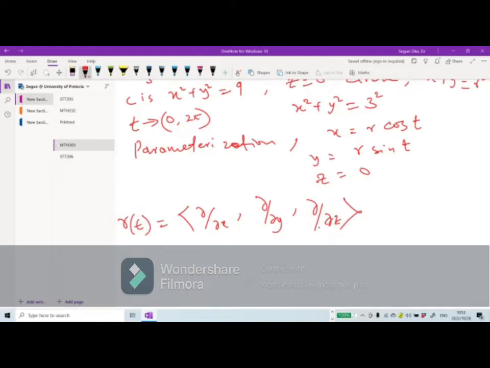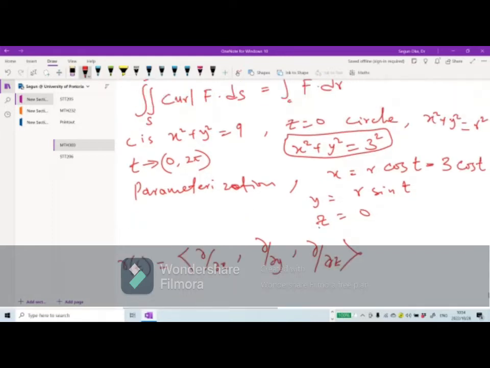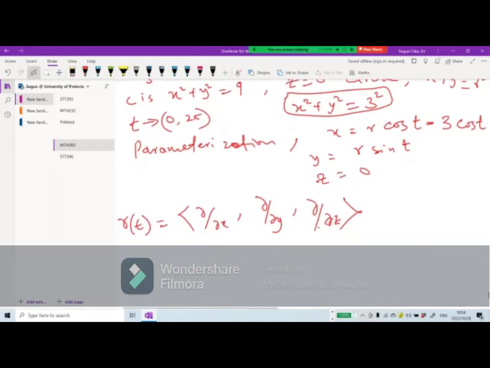What is my r in this case from this formula? What is our r, please? Anybody? Remember I told you, it's 3 raised to power 2 for the entire one. So this is 3 sin t.